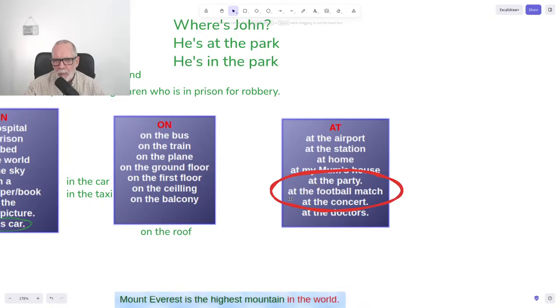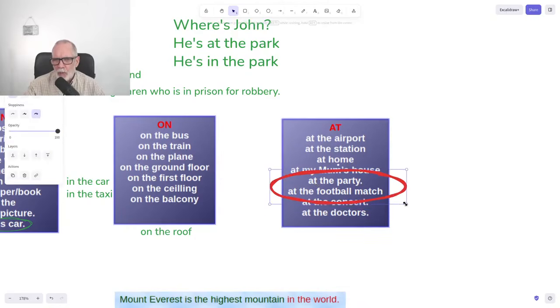Frecuentemente usamos at para eventos con mucha gente. A party, football match, conference, at the conference, en la conferencia. And also we say at the doctor's was the last one.